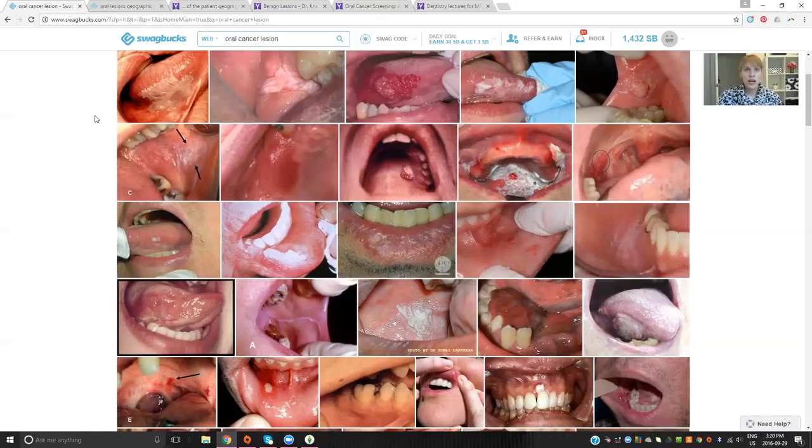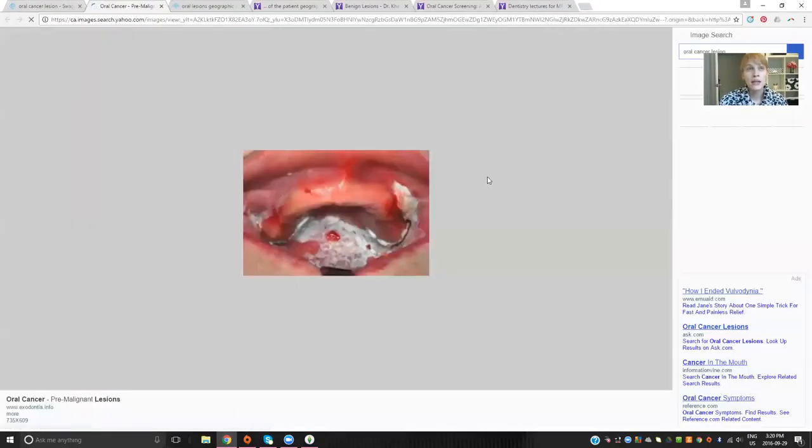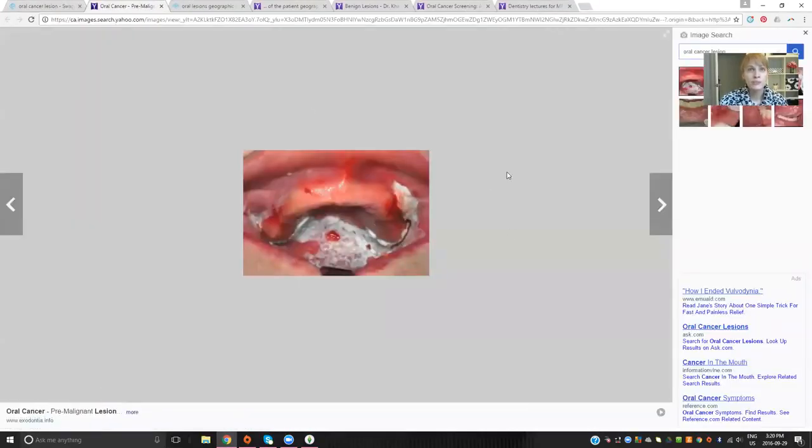But I want to show you guys a pretty obvious picture here. I'm just going to make it a little bit larger. This is not normal. Now, I can't say for sure this is oral cancer because I don't know the lesion and I don't know the patient, but this isn't right, okay? So you see all of these white areas here. There's a red oozing area in the middle here.